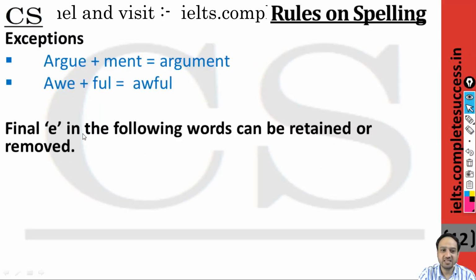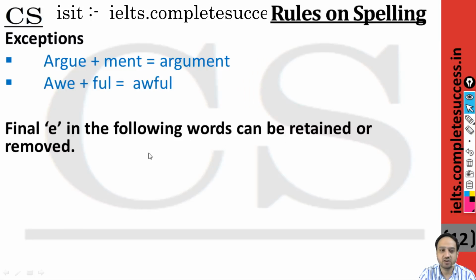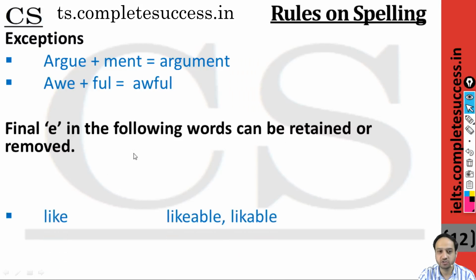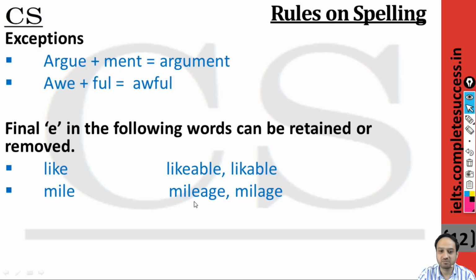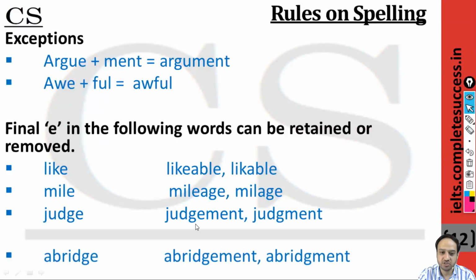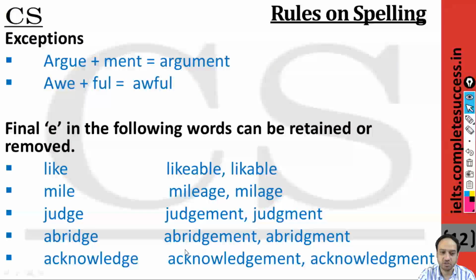Next, final E in the following words can be retained or removed. That is totally your choice whether you want to retain it or remove it. For example, like: we can say likable with E or likable without E. Mile: mileage, mileage. Again we have the choice whether we want to keep the E or eliminate the E. Judgment, abridgment, and acknowledgement.